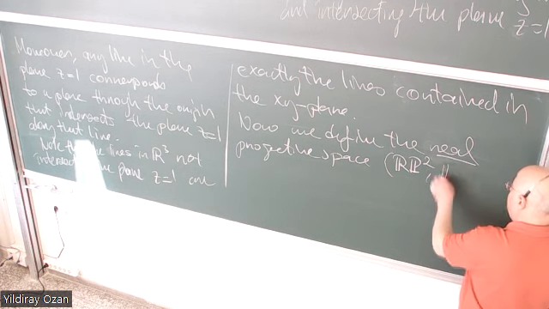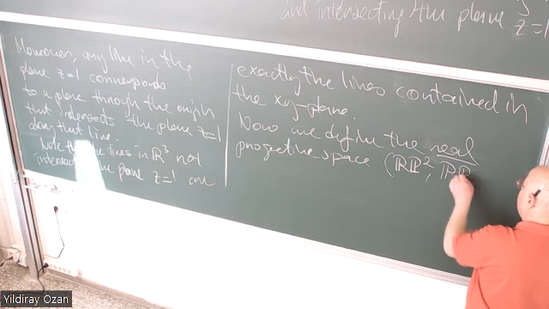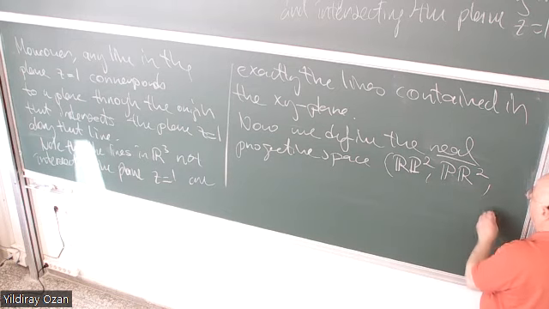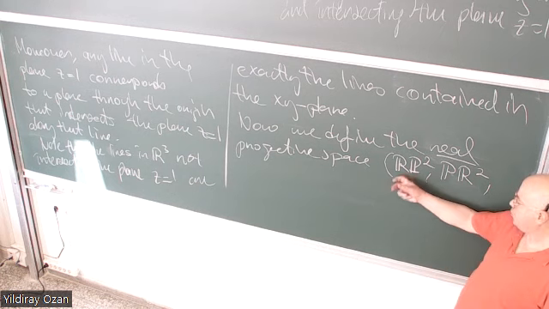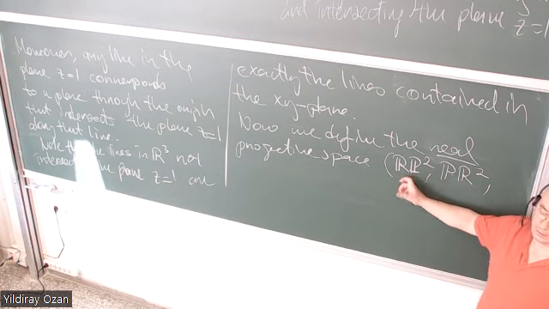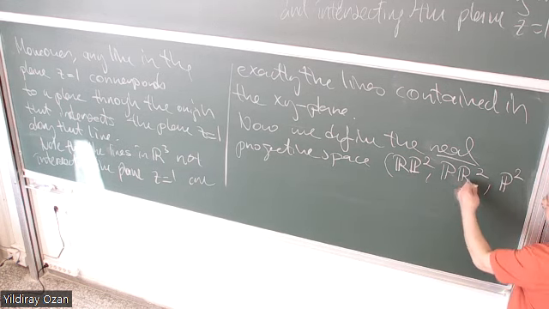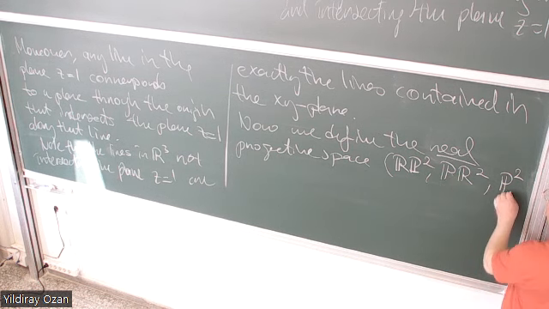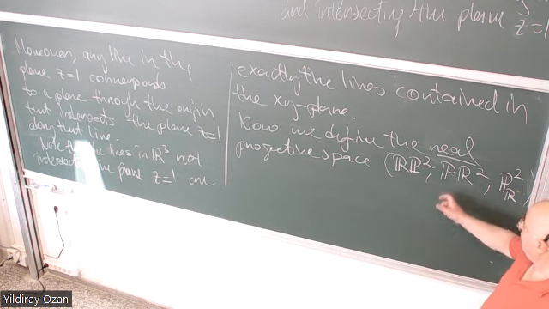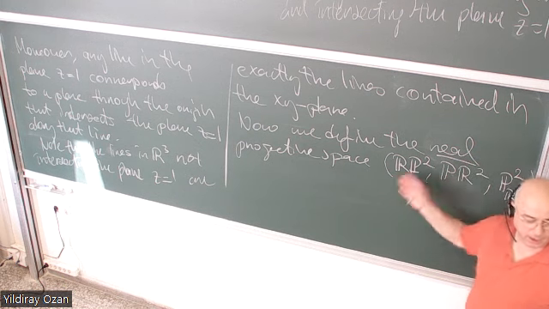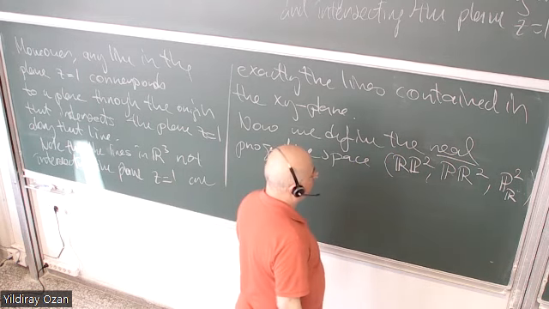But some people use this one, PR2, or if you know in which ground field you are working, you may just say P2. And if you want to indicate that you are doing real geometry, you put R like this and so on. So there are several notations. I will use any of them; I will not stick to one of them.